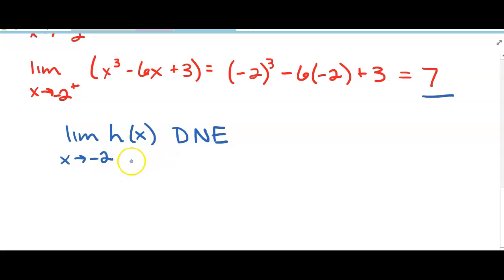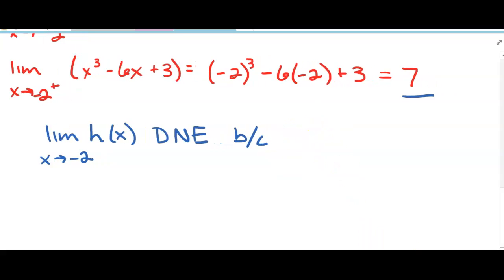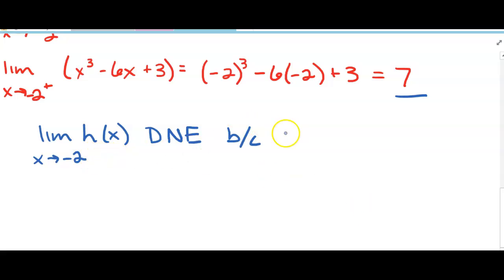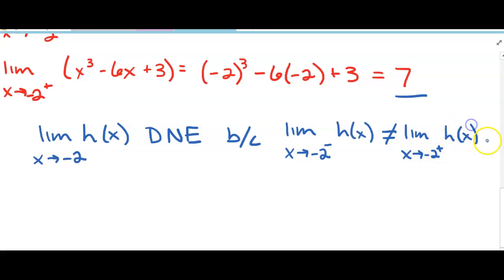The limit as x approaches -2 of h of x does not exist because I need to tell you why. I need to argue and prove to you that I know why this doesn't exist, because the limit as x approaches -2 from the left of h of x does not equal the limit as x approaches -2 from the right of h of x.